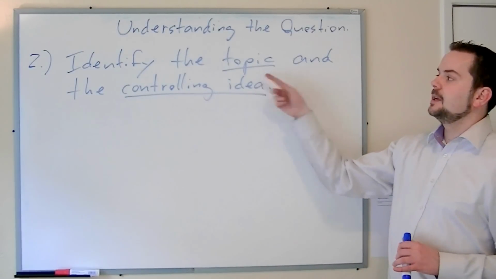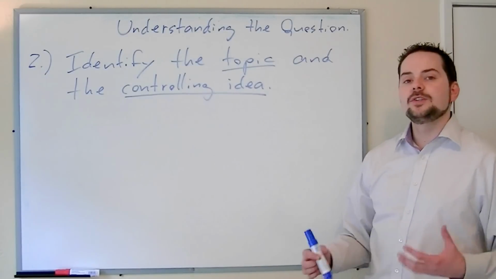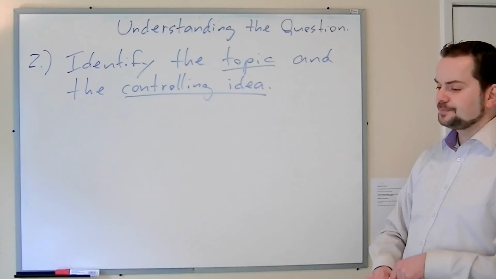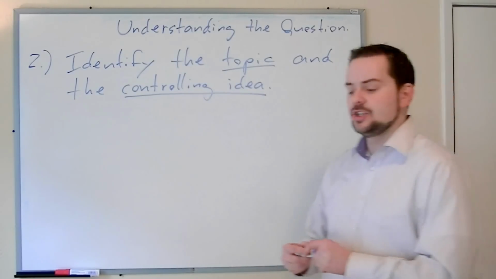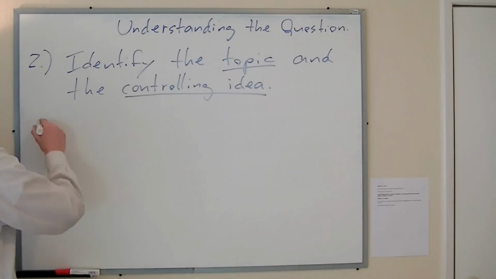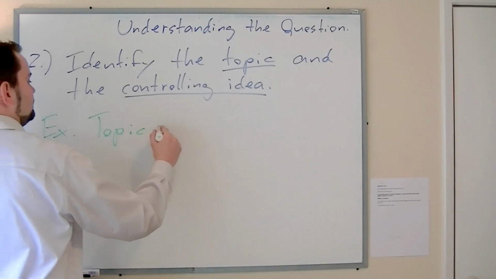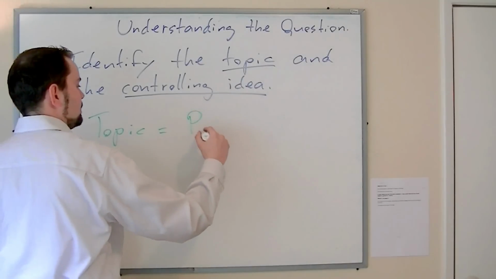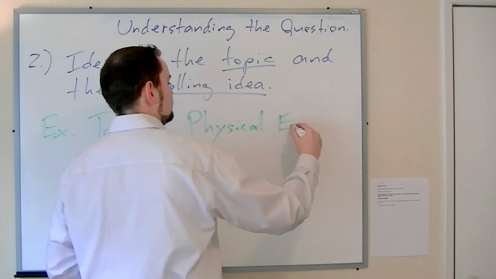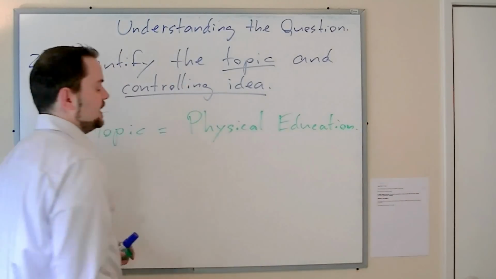Now, the topic is usually the subject of the question. So, what is the question about? In our example, the topic of the question is physical education. So, we'll write that down.